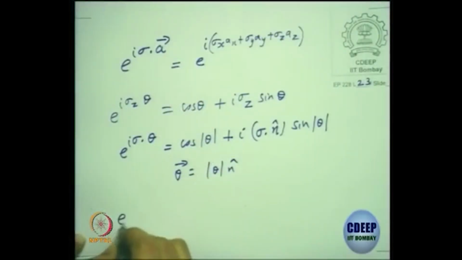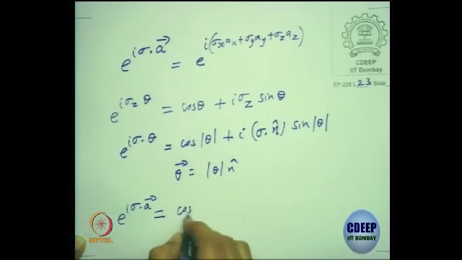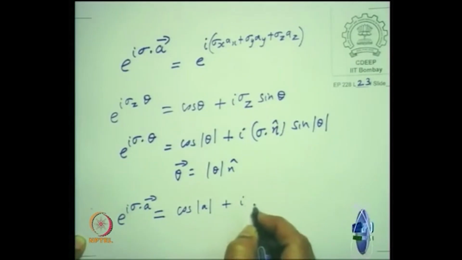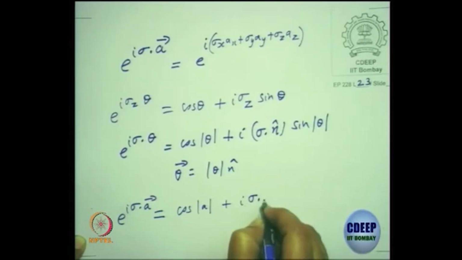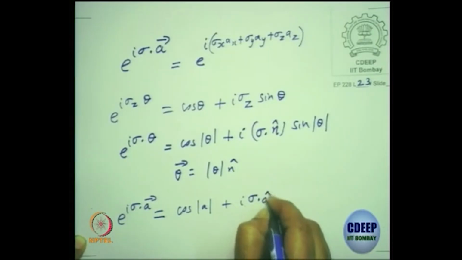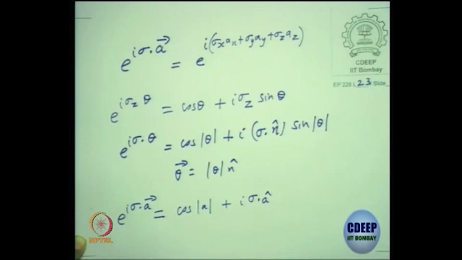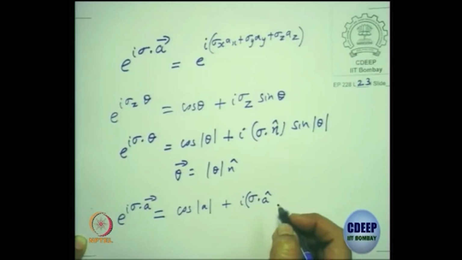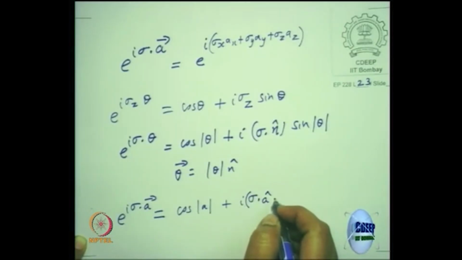Use the Pauli matrices properties and try and work it out. What is e to the power of I sigma dot a? It should be cos mod a plus I times sigma dot unit vector of a, only the direction. Sigma dot or sigma cross? Sigma dot, right?